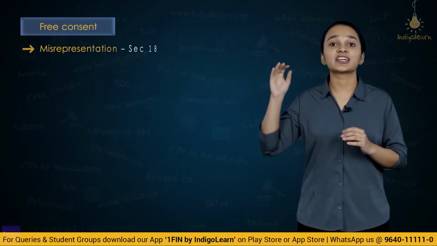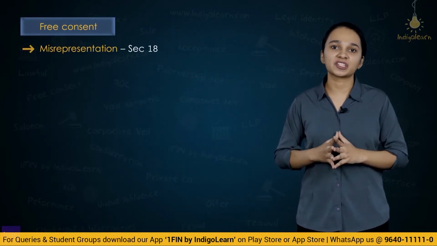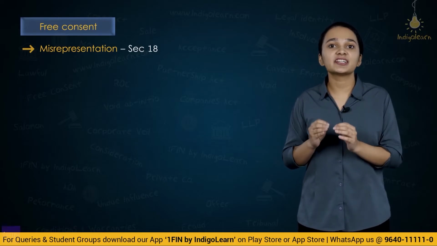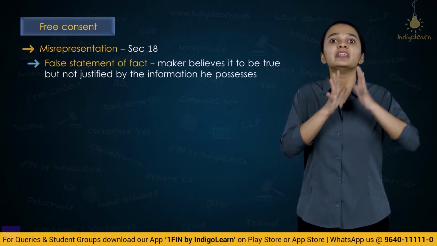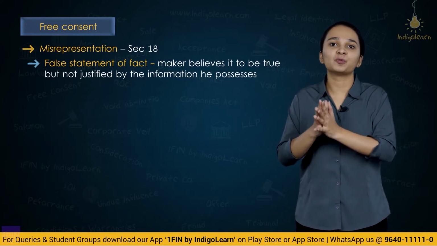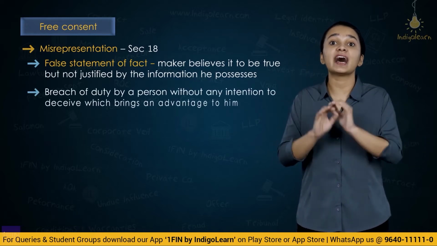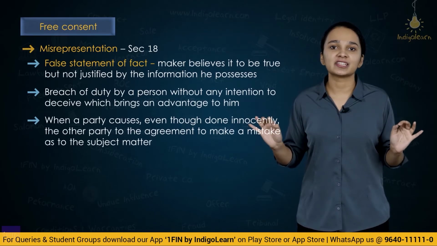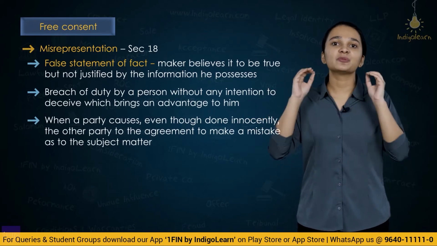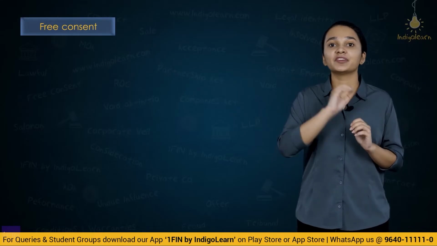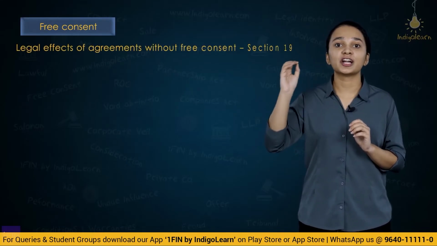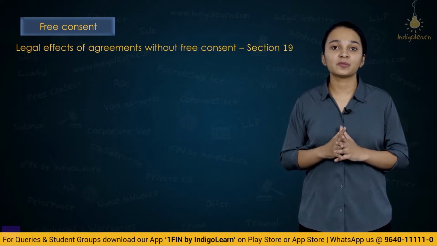After this, we have understood section 18, which talks about misrepresentation. So in case of misrepresentation, what happens? A false statement is made by a person who believes the statement to be true, or it can be breach of duty without any intention to deceive. So in those situations, we say that misrepresentation has happened. And then we have understood what are the effects of coercion, undue influence, fraud, and misrepresentation.